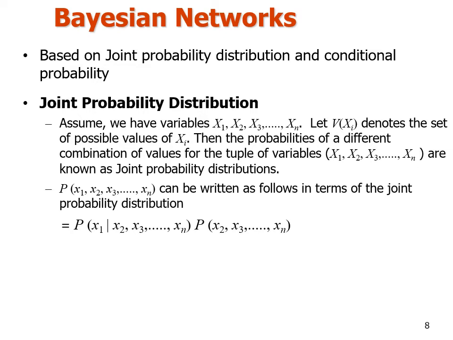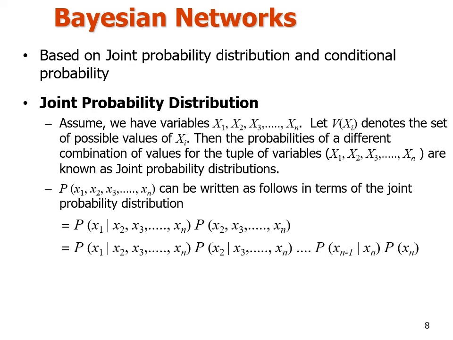By expanding this expression, we may write probability of x1, x2, x3 up to xn is equal to probability of x1 given x2, x3 up to xn into probability of x2 given x3, x4 up to xn, and so on up to probability of xn minus 1 given xn into probability of xn.